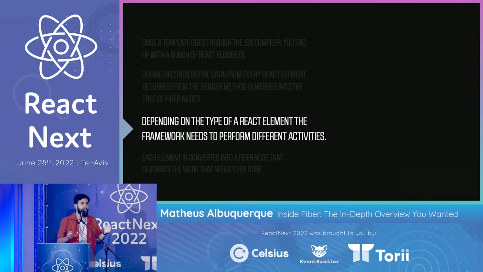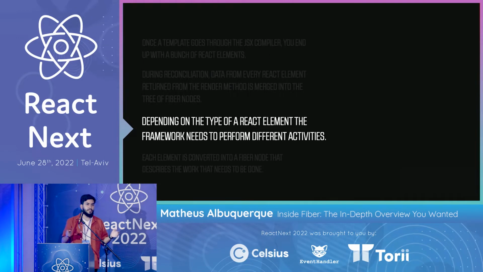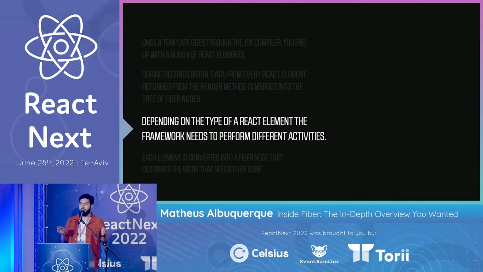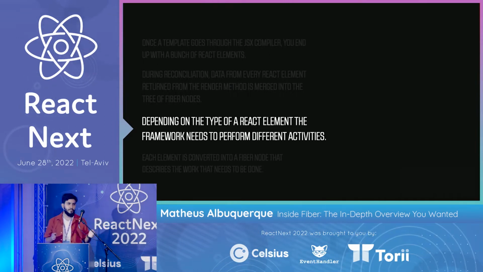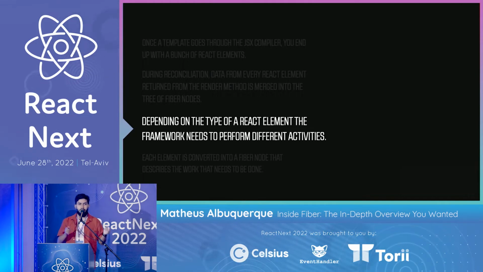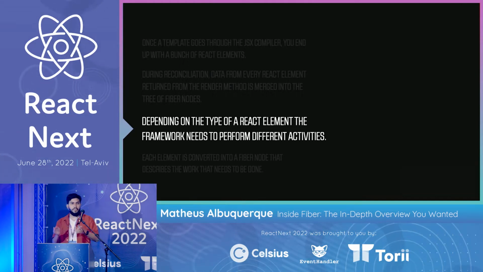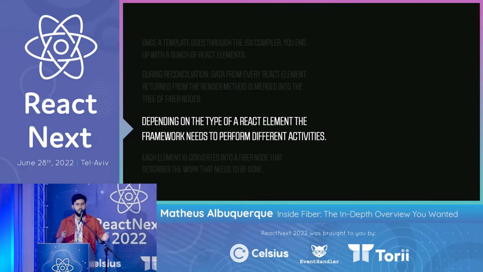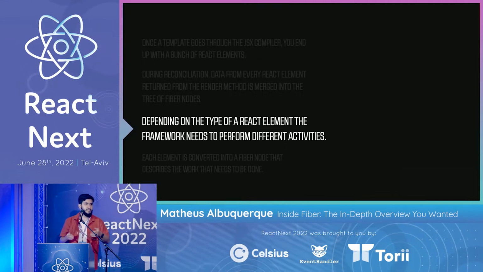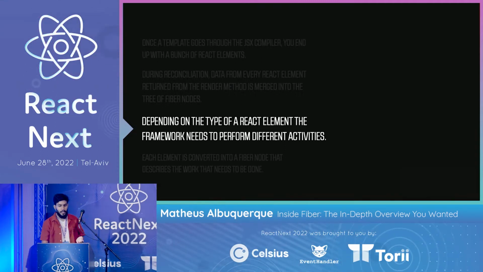Of course, depending on the type of the element, the framework has to do different stuff. If it's a function component, it needs to perform something. If it's a class component, something different. If it's a portal, and so on. For suspense, it's another thing.